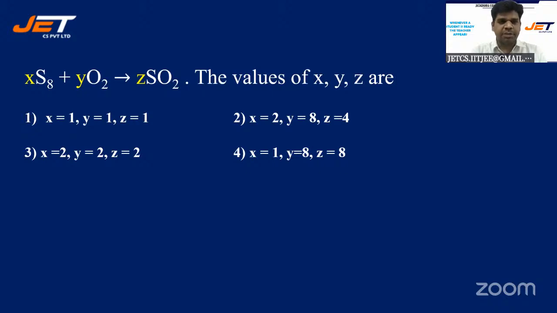So balance the equation. Corresponding values, tell me the options, students, 1, 2, 3 or 4. Yes, yeah. The way you are solving it, you got it right. You have done it before I could explain. So that means that shows that you are actually good in the concept. So Siri Vanilla says 4, other says 2. Yeah, go ahead.